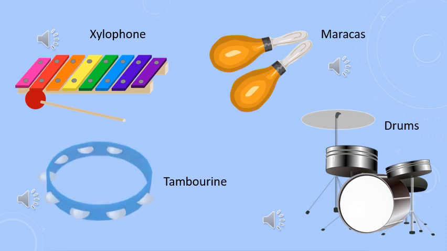This is the sound of a tambourine. Here is the second instrument. This was the sound of maracas. Now listen to our third instrument.